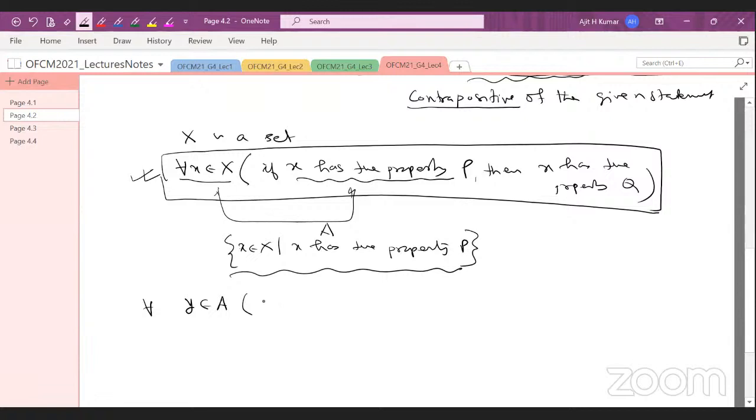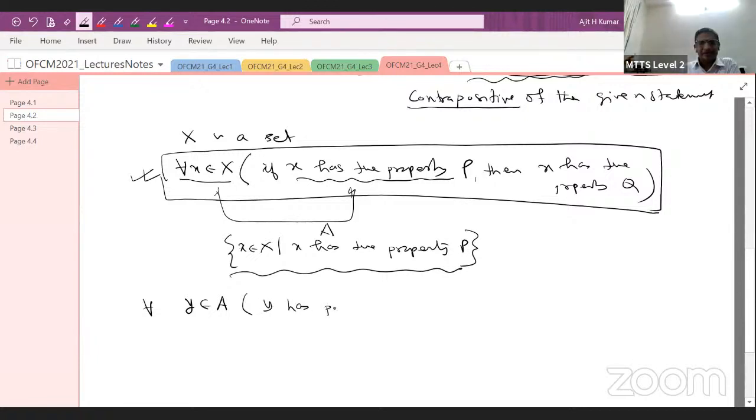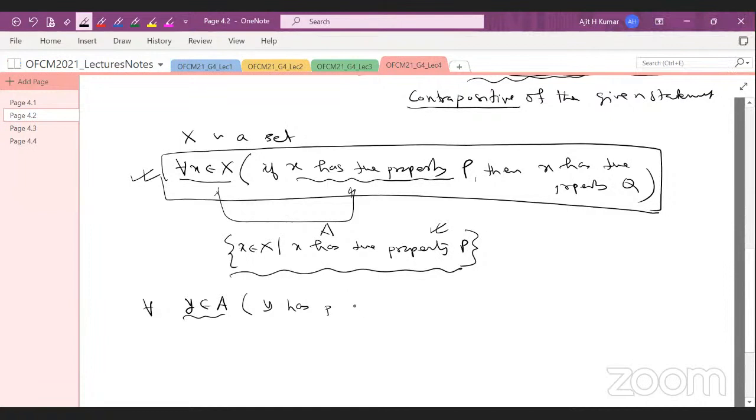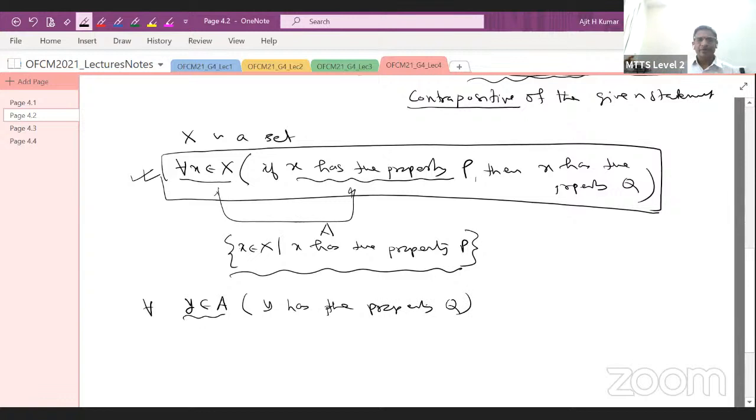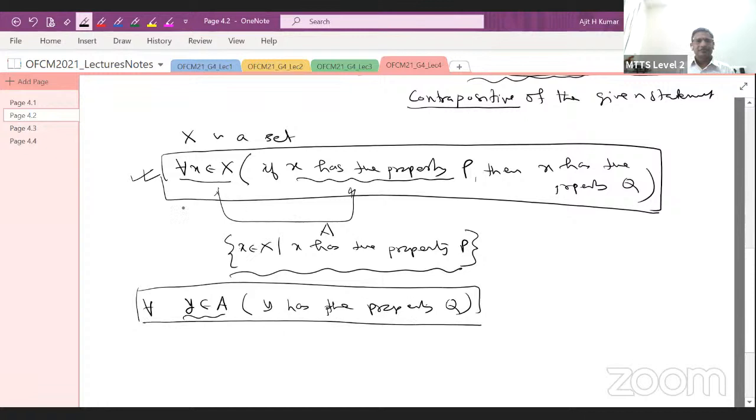The moment I say y is in A, it already has property P. That is my definition of the set, so I don't have to say that. Then y has property Q. So we have restated the statement like this. Is it clear to everybody?